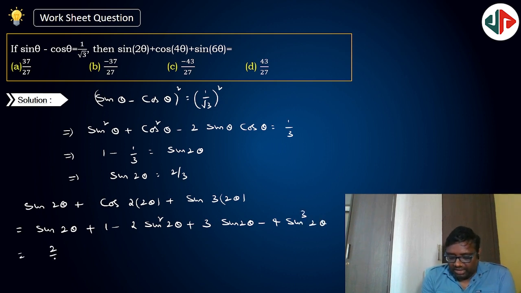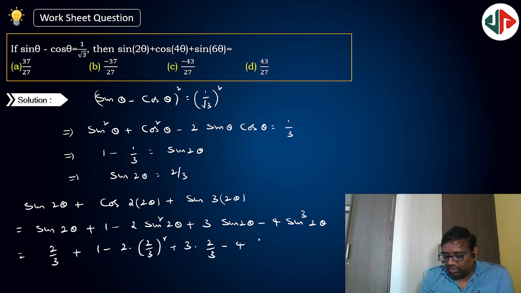It is nothing but 2 by 3 plus 1 minus 2 into 2 by 3 whole square plus 3 into 2 by 3 minus 4 into 2 by 3 whole power 3. If we simplify, we'll get 43 by 27. Given data, we are converting in terms of sine 2 theta. Then we'll get the answer.